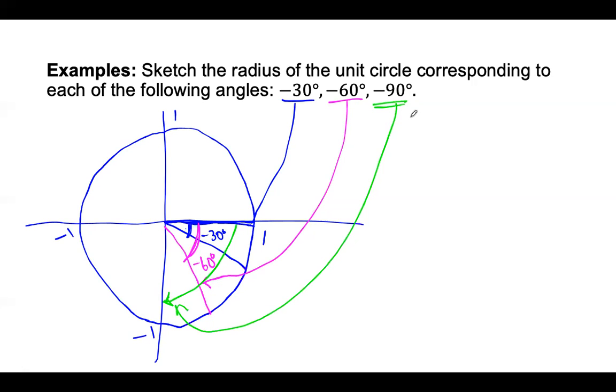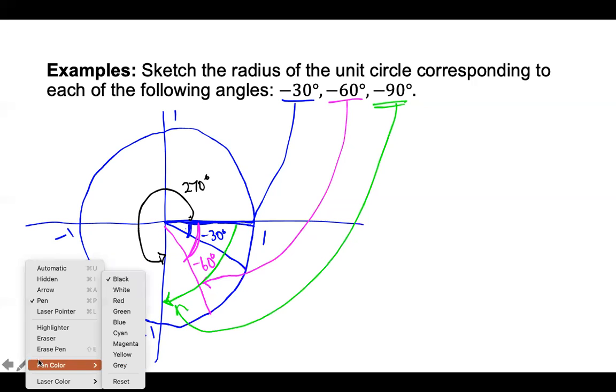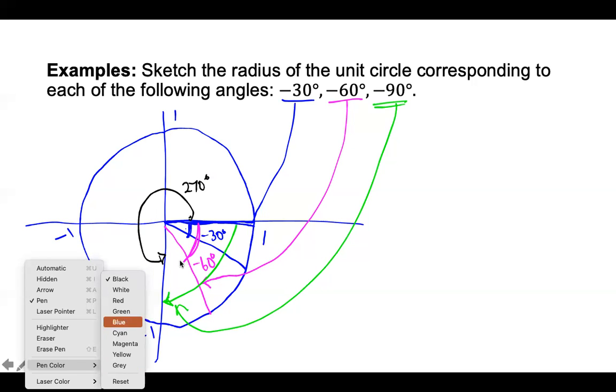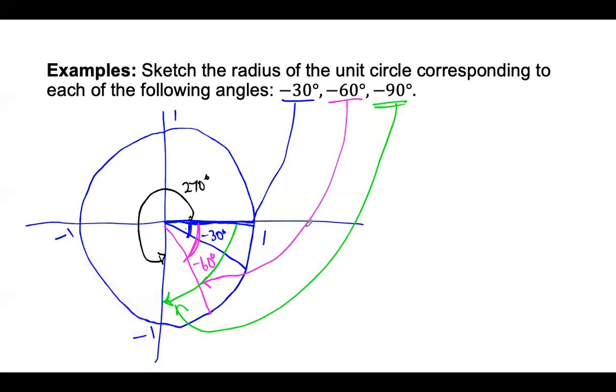So what is negative 90 degrees also equal to? Pardon? 270. Right, 270, perfect. So you could start going counterclockwise this way, and this is 270 degrees. So 270 is equal to negative 90 degrees. So they're the same thing. Again, these are examples of going in this direction.